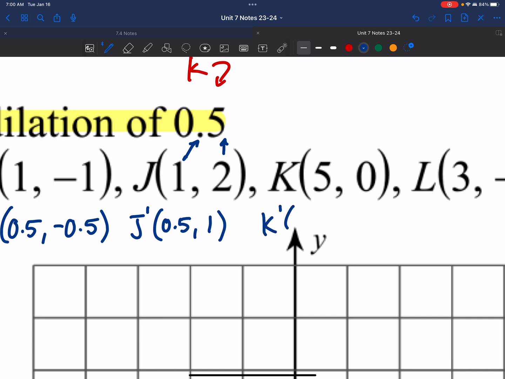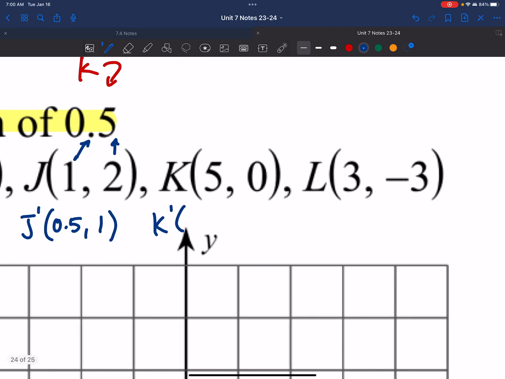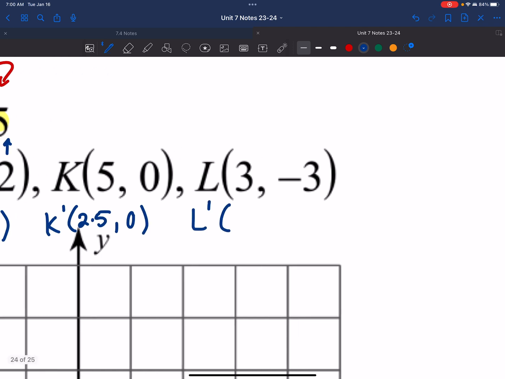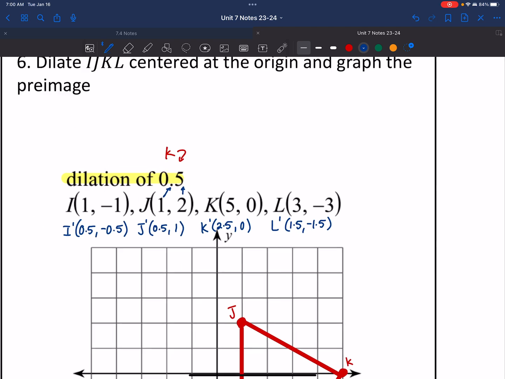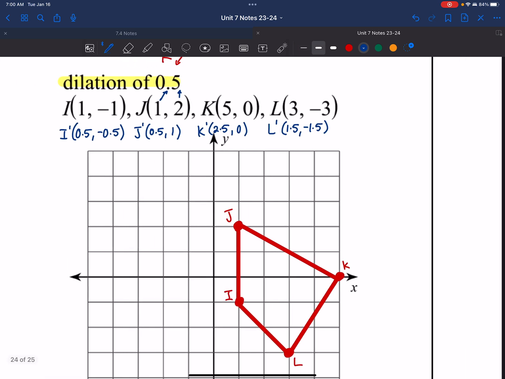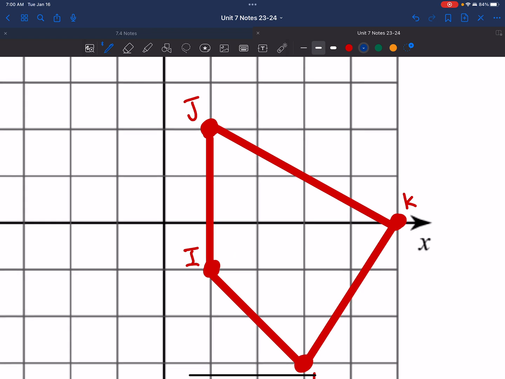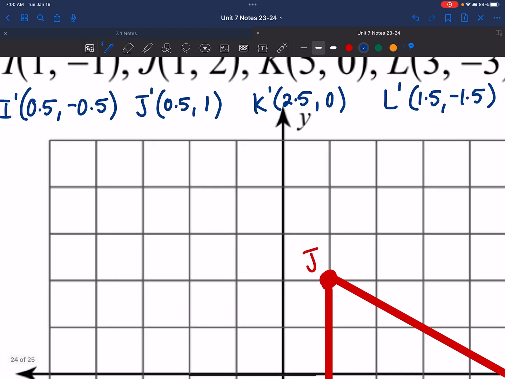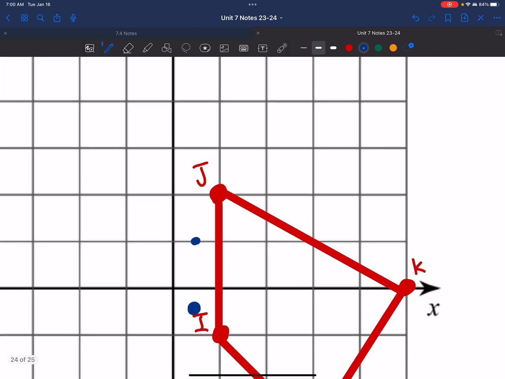K prime, 5 times 0.5 gives me 2.5. 0 times 0.5 gives me 0. And then L prime, 3 times 0.5 is 1.5. -3 times it is -1.5. So now that I've got all these new points, I'm just going to plot those too. So I prime is at 0.5, -0.5, about right here. J prime is at 0.5 and 1.